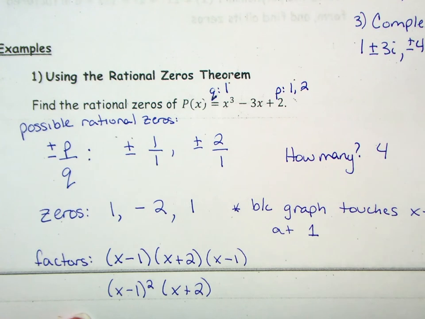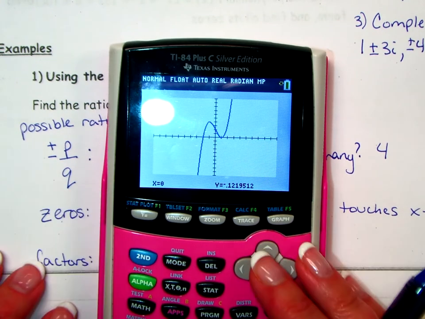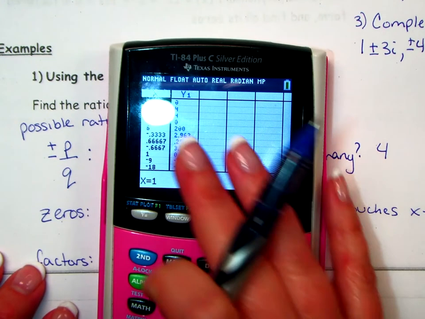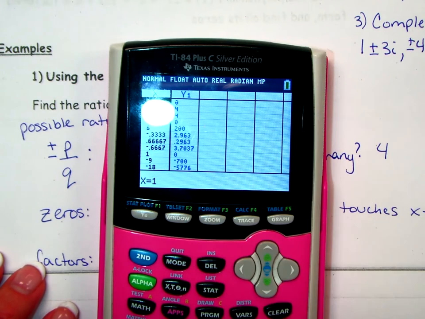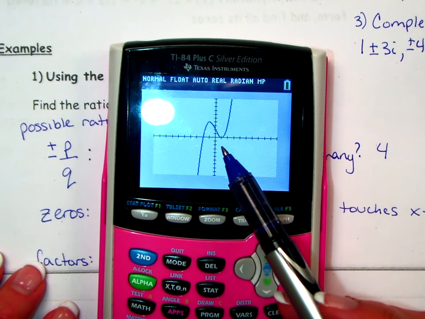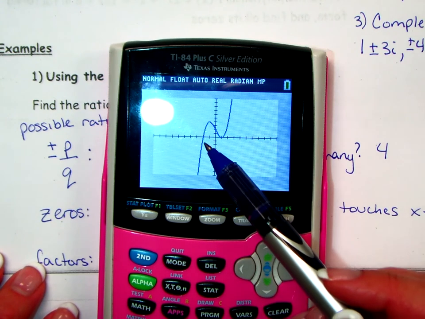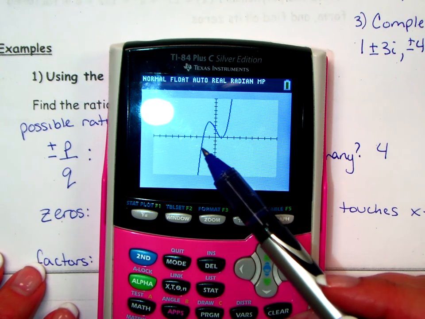Now, because not everybody has a graphing calculator, I'm not going to expect to see you do the table every single time. If you want to just put your polynomial into the calculator and look at the graph, and you can find all the zeros from the graph, more power to you. But be careful, it really needs to cross at those whole numbers.